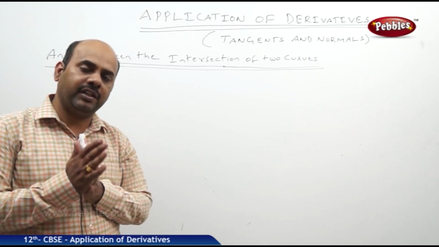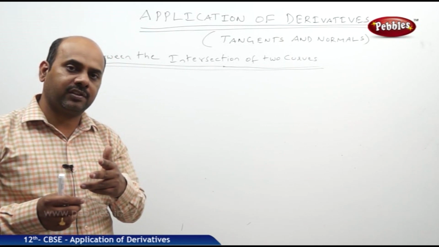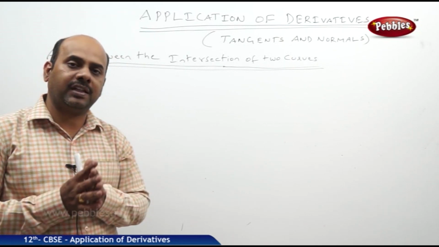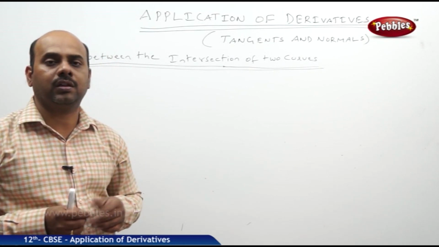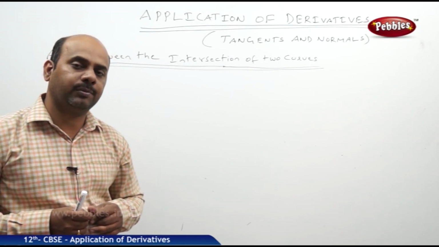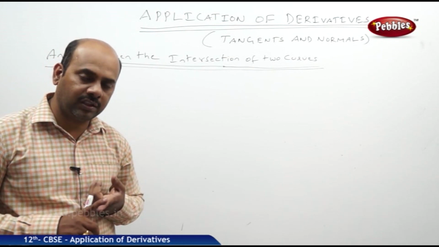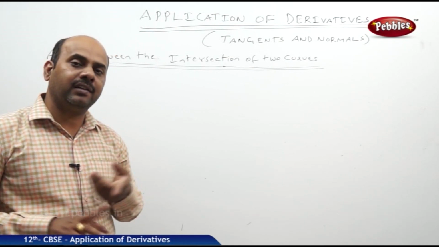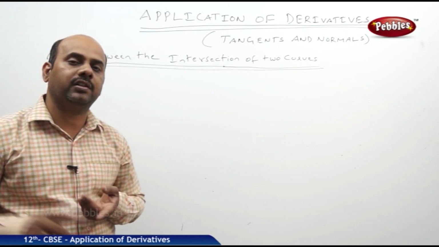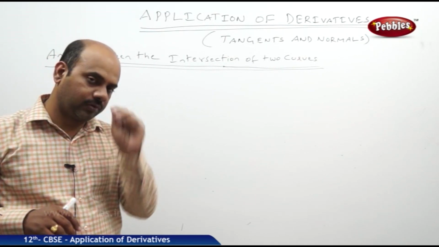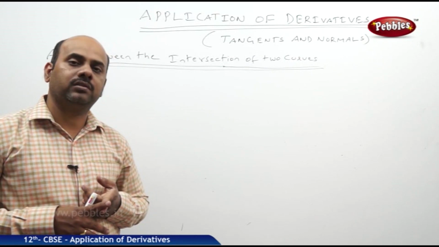The angle between two curves at their point of intersection is defined as the angle between their tangents at the point of intersection. When the angle between the tangents at their point of intersection is 90 degrees, then we call those curves orthogonal curves. That means two curves cut each other orthogonally.